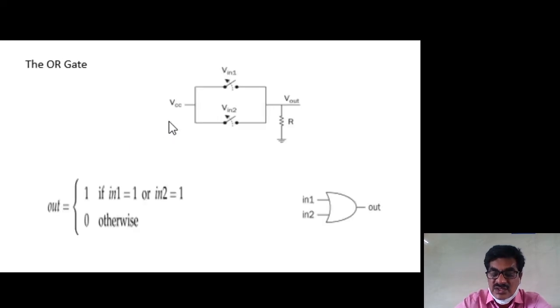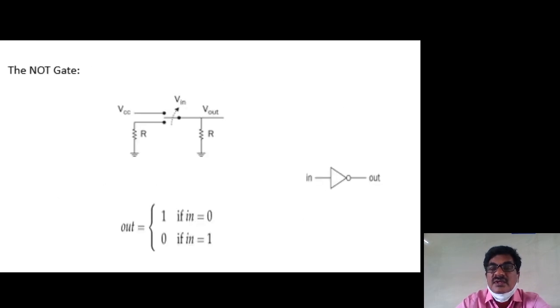Assume the input is 0 and the switch contact is at VCC, so the expected output is equal to VCC, since the switch forms a closed circuit between terminal 1 and the output. Similarly, suppose Vin is 1, the contact of the switch is between position 2 and the output.